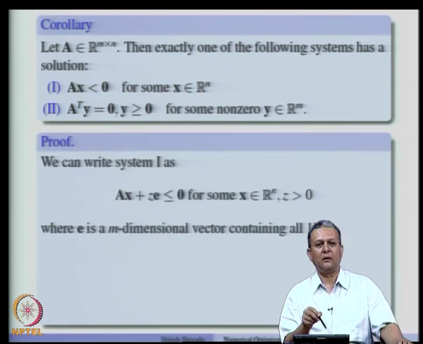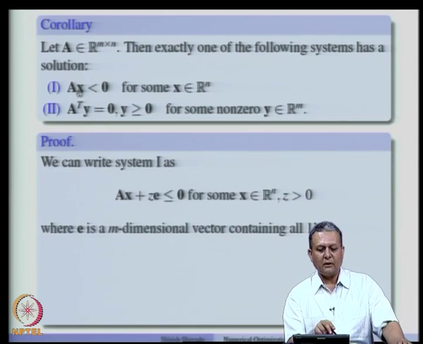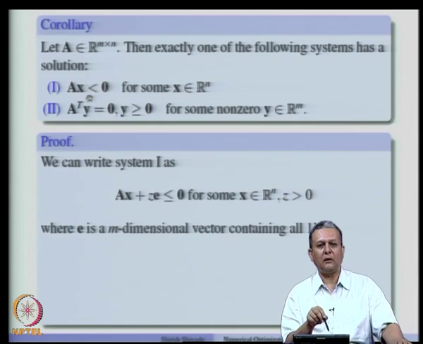Let us see how to put that in the form of Farkas lemma. This is the first system in the corollary, Ax less than 0 for some x in Rn. We can add some variable, some constant z which is a positive constant, and take a vector E, an m dimensional vector of all ones.